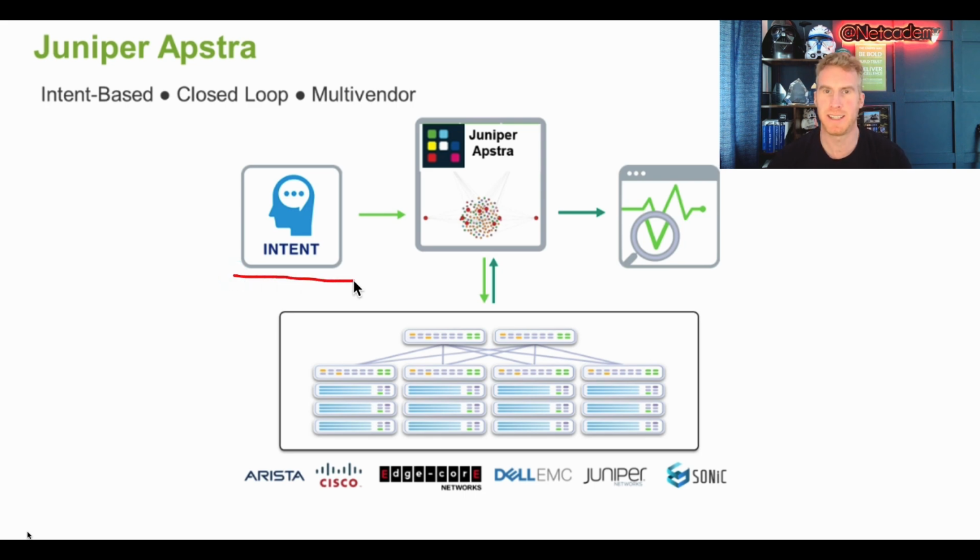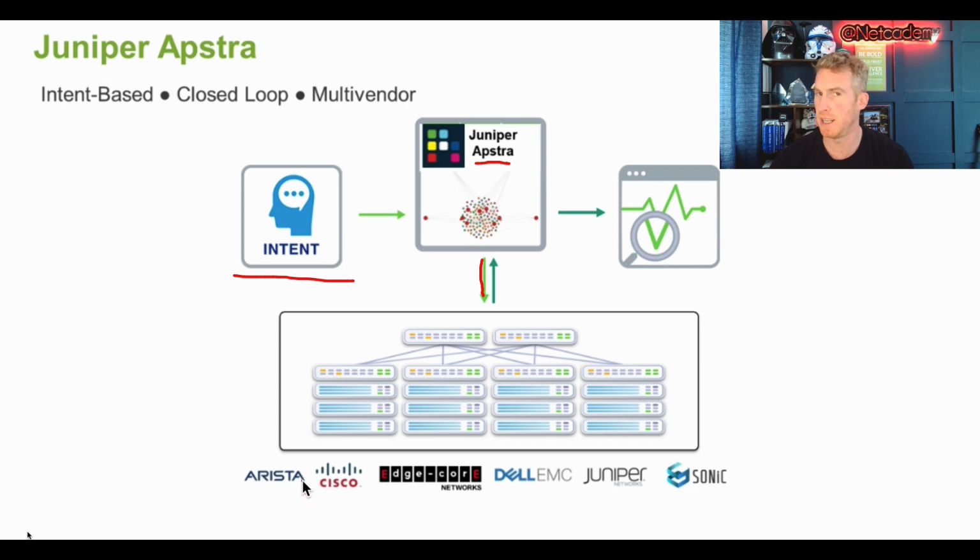So really the intent is, I want something A, I want something B, I want something C, D, E, F, G, all the way through. That is the intent. You want the data center to be designed in a particular way, you want it to be connected in a certain way. And what Apstra is then doing is it's taking the intent, it's taking the design, it's taking that reference, and it is deploying it onto those connected devices.